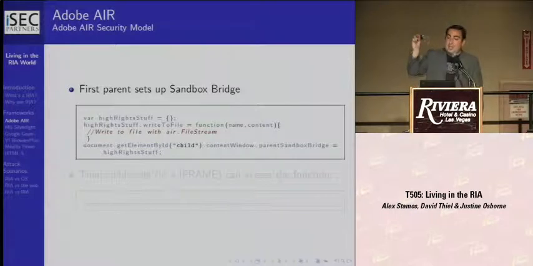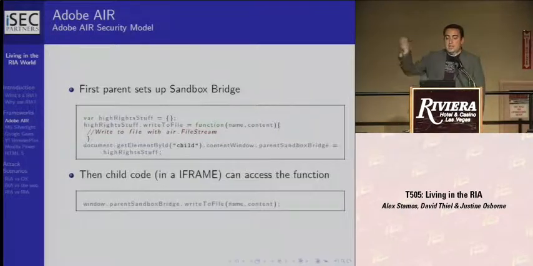And then we attach that object to what's called the parent sandbox bridge, which already exists. And then once we've attached it to the parent sandbox bridge, we say, here's an iframe, pull down some dangerous stuff, and then the code in the iframe, say JavaScript, can say, okay, parent sandbox bridge, thank you for giving me that dangerous function, I'm going to use it. It's kind of like setting a set UID bit on a method. If this is a variable, it's passed by copying.